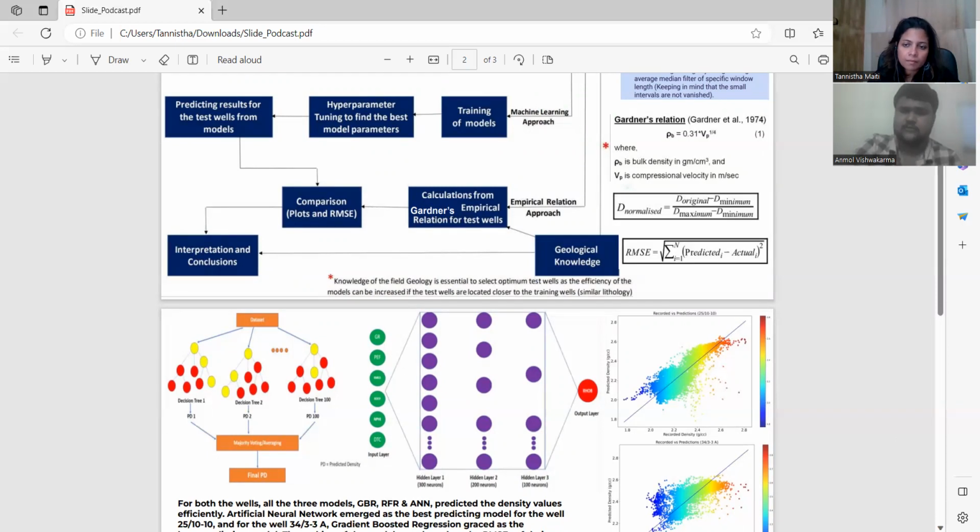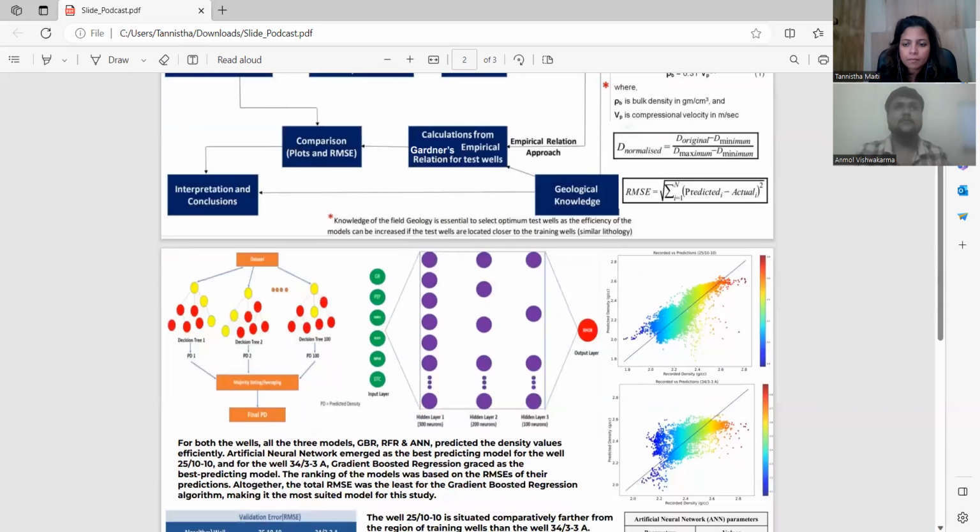So what we try to do is first go with the machine learning approach. First we do the training, after we know which of the wells are to be trained. After training, for applying the models we need certain parameters, and for optimizing those parameters we need to do hyperparameter tuning.